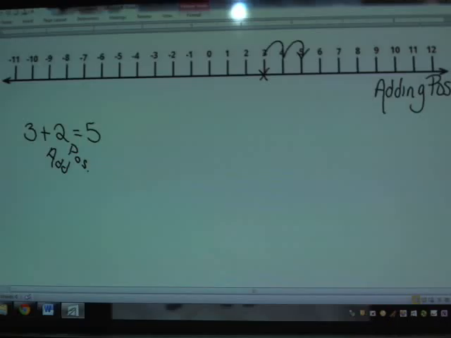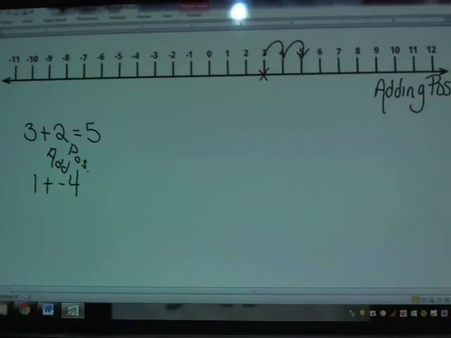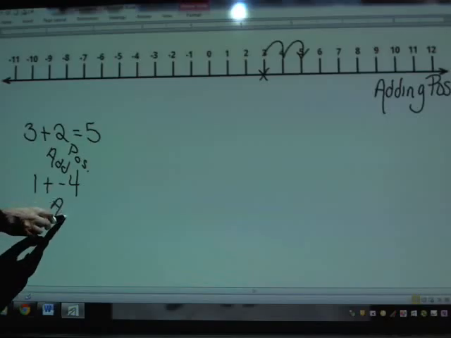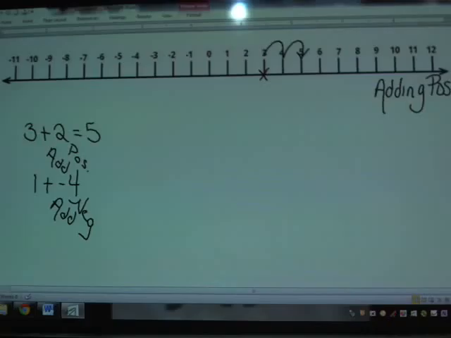Let's take a look at the next idea we can have. Let's go ahead and take a look at, let's say, 1 plus negative 4. You can really pick any problem we want here. But let's talk about what we're doing here. We're adding, this time, a negative number. Well, let's think about it.